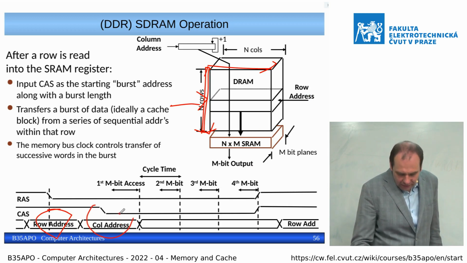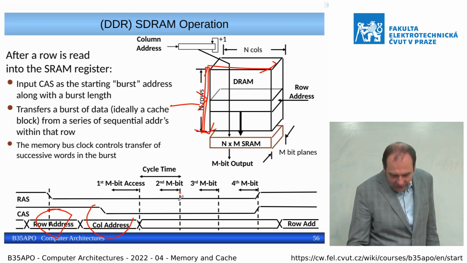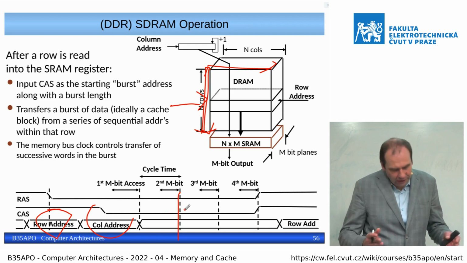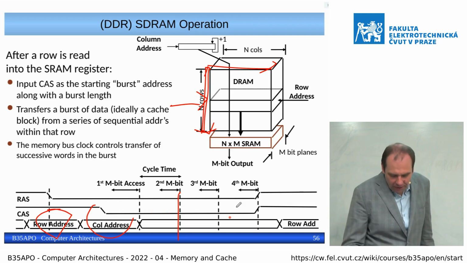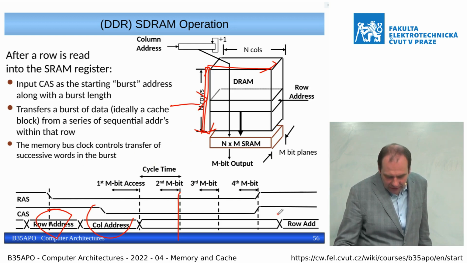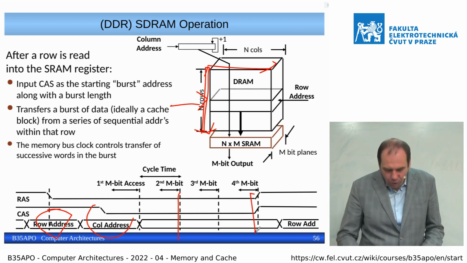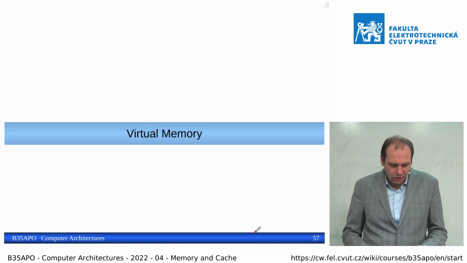And then we access not only a single word or single width of the RAM, but usually there are multiple clock cycles and we access the whole row or whole area.